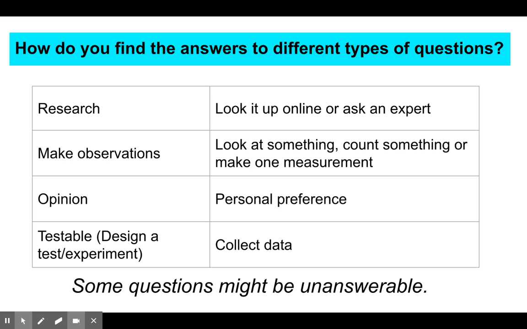So in your notes, you can write down this chart and the question at the top there in blue in order to make these comparisons and sort of know the difference between these types of questions. And as it says at the bottom there also, just remember that there are some types of questions that are really unanswerable. They're even beyond the opinion or personal preference, right? So we're going to focus in, though, on that last type, testable scientific questions.